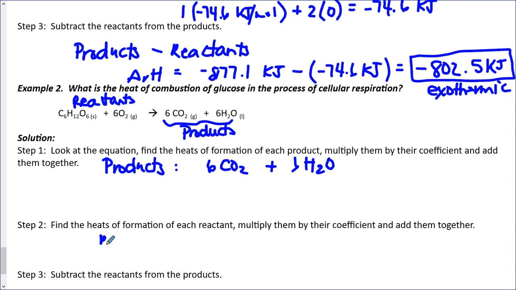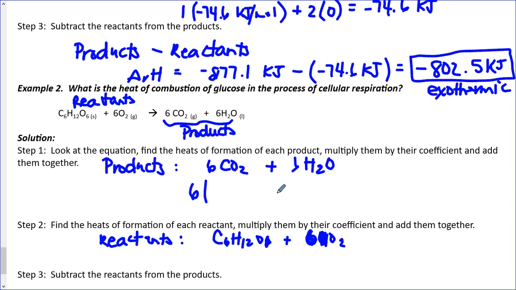Our reactants is C6H12O6, so that's glucose. Sorry, it's impossible to read. Plus 6 O2. Good luck.